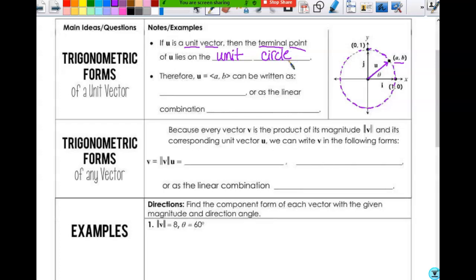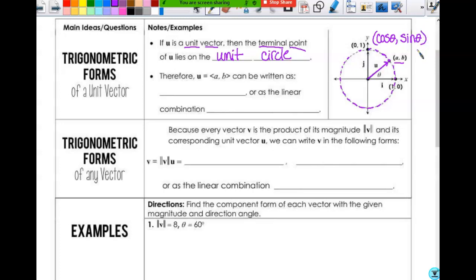So this point here has the ordered pair (a, b), right? A is your x value, B is your y value. We know, because we are unit circle experts, that the x value on the unit circle always represents what? Cosine. So my x value is actually cosine theta, and my y value is sine theta, right?